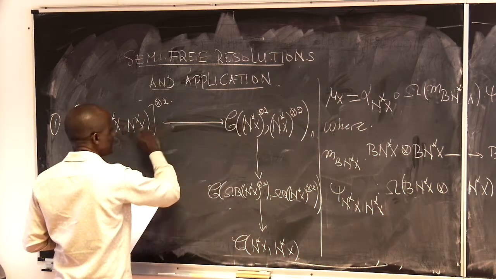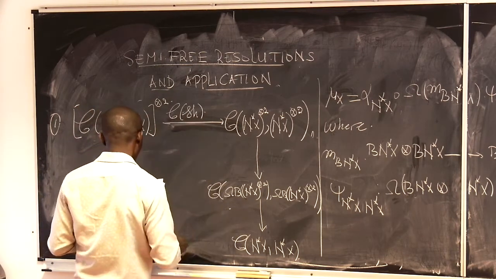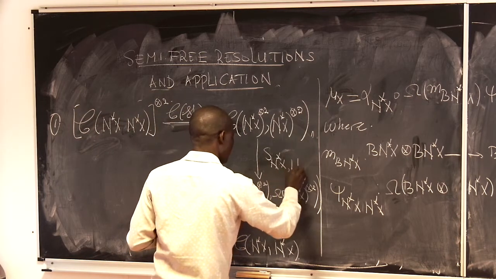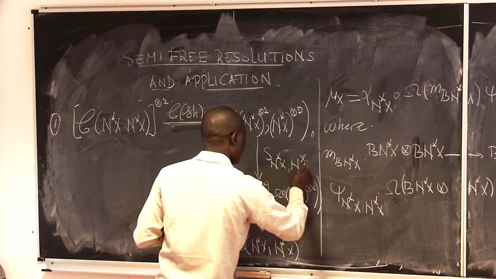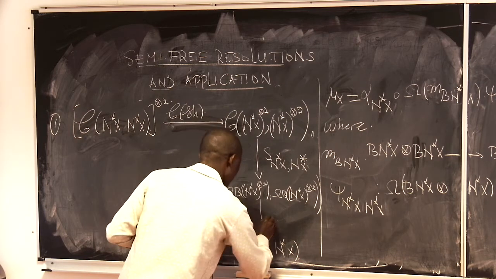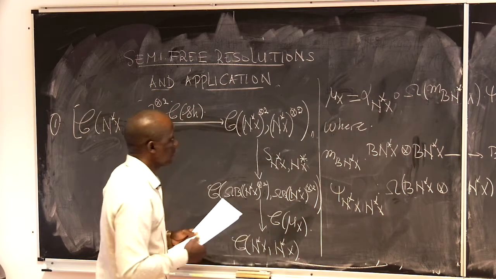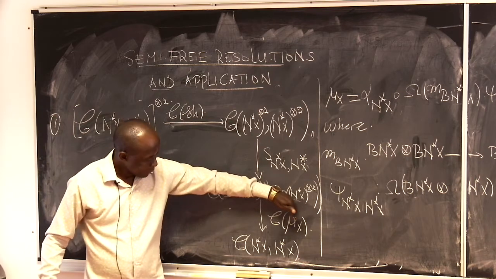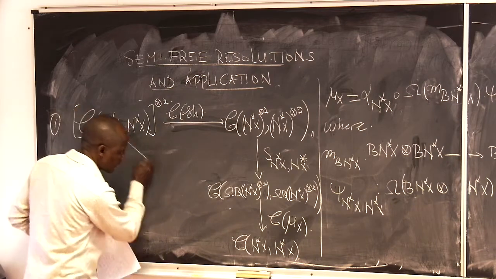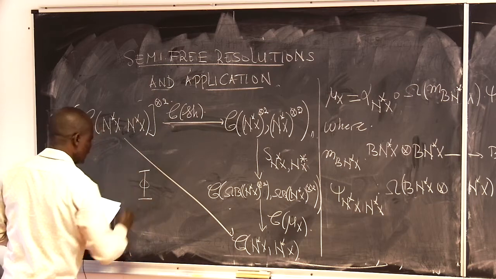The map here is the shuffle map. The map here is the section of alpha that I defined yesterday. The map here is the strongly homotopy commutative algebra structure defined on the normalized singular quotient. So this composite here is what I denoted yesterday by phi.